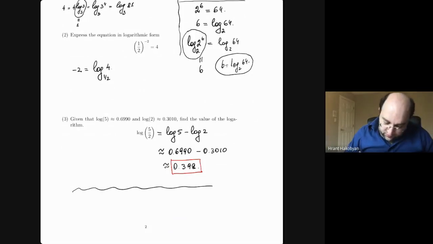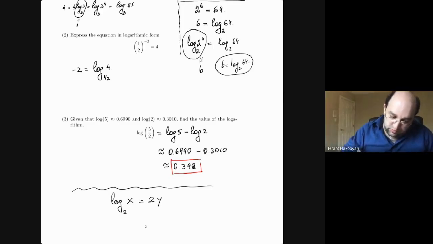If I have, for instance, an equation like this, x is equal to 2y. Now I'm taking logarithm of both sides. If I take logarithm of this side with base 2, then this side also will have to be with base 2. It's like taking a power, so base 2.